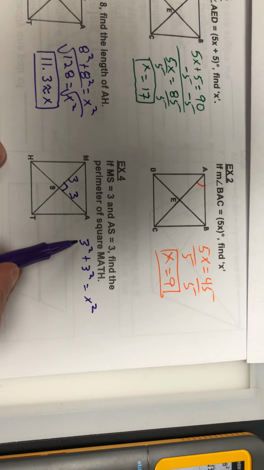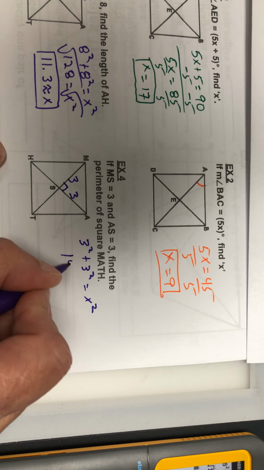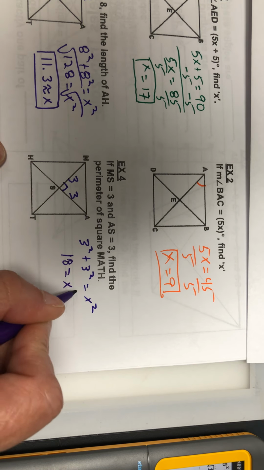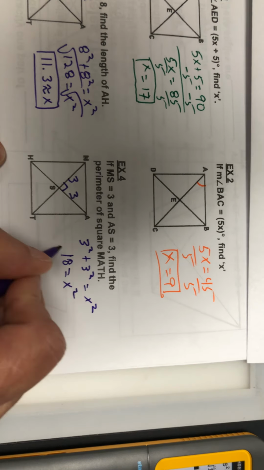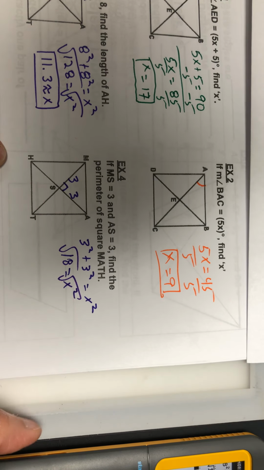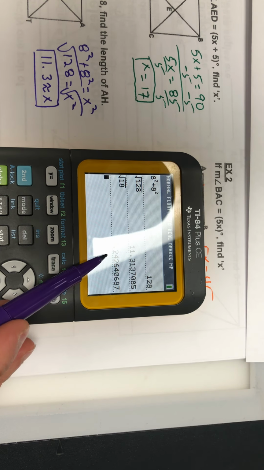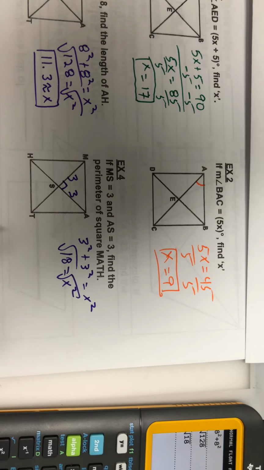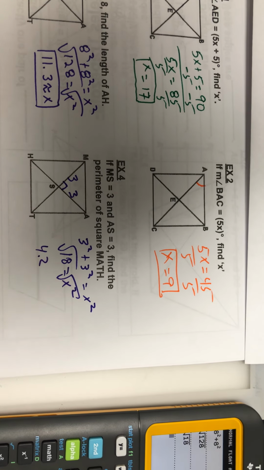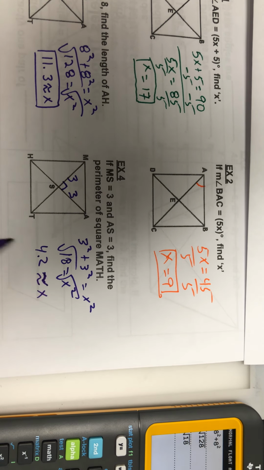So, this one I can do in my head. 3 squared is 9. 9 plus 9 is 18. Well, I can do that part in my head. But what is the square root of 18? That, not so much. So, square root of 18 is 4.2. 4 is less than 5, 4.2 is approximately x.